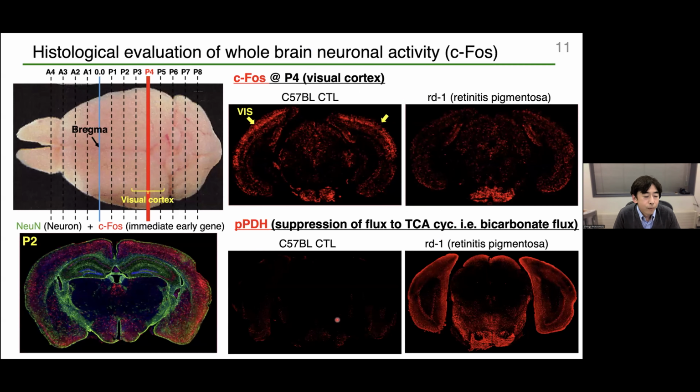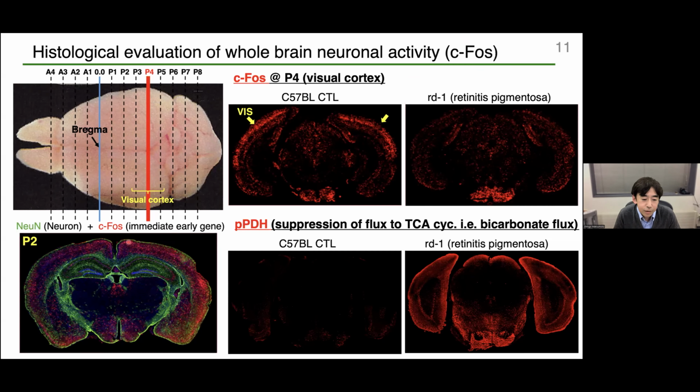To verify this, we conducted an immunohistochemical evaluation of the brain neural activity marker c-Fos expression. c-Fos is one of the immediate early genes, which is immediately expressed when a neuron is activated, and it disappears within a few hours.